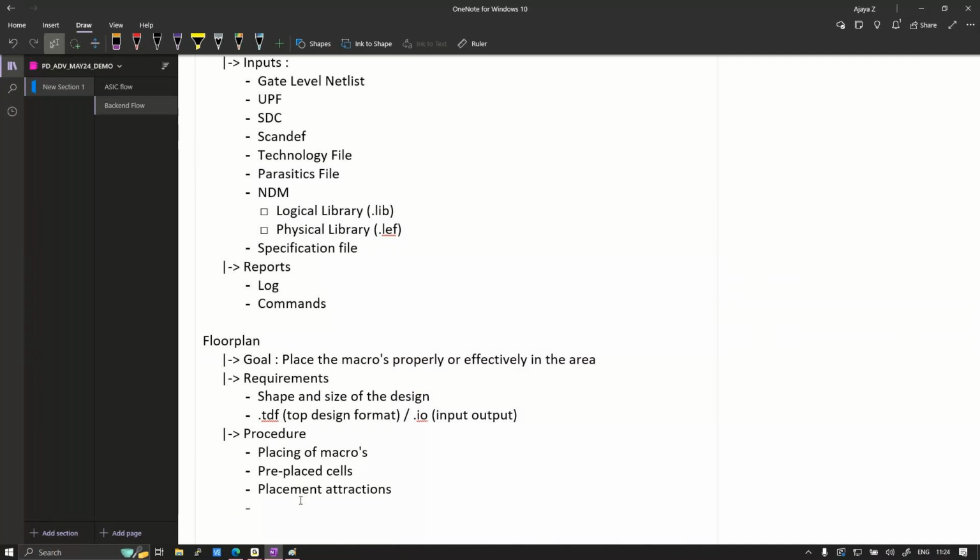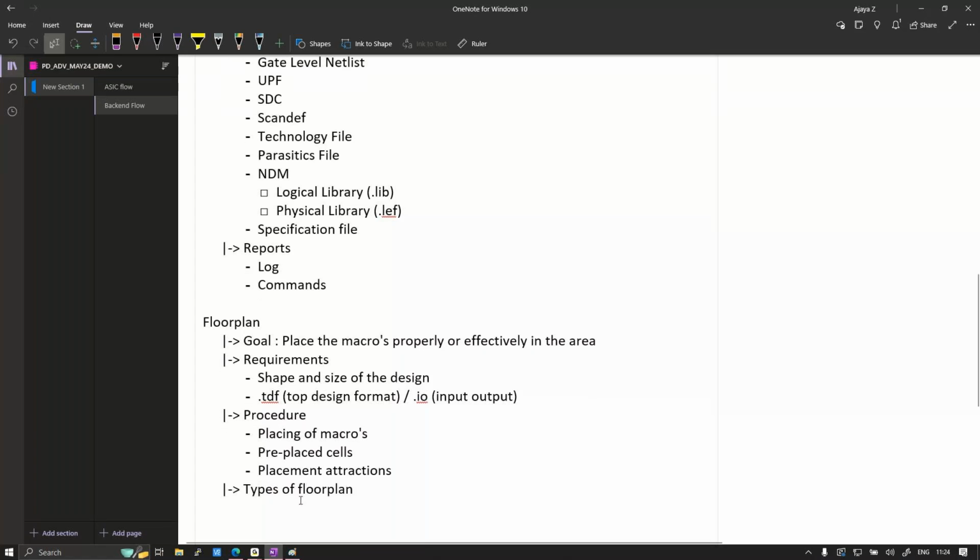What the different types are, what their purposes are, and how to use them, everything we will be observing practically and also in the advanced sessions. Everything you have to do. Okay. And you also have one more criterion, types of floor plan. What problems you will be facing if a wrong macro placement is done, that we will also cover in the discussion.